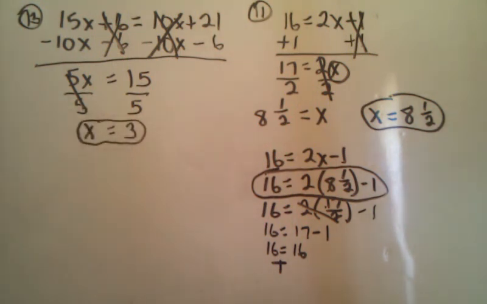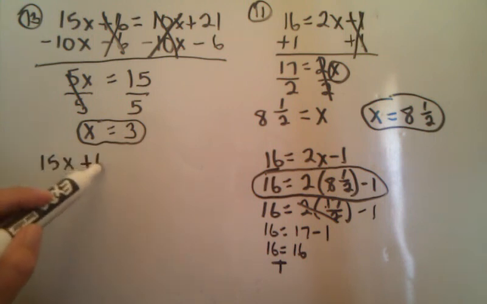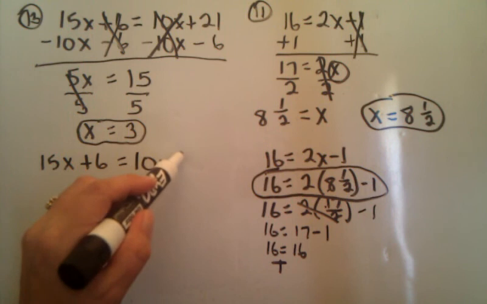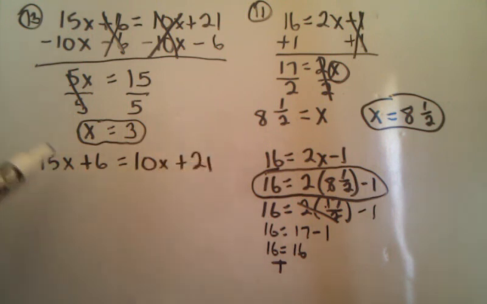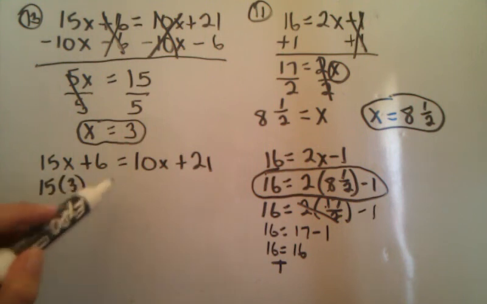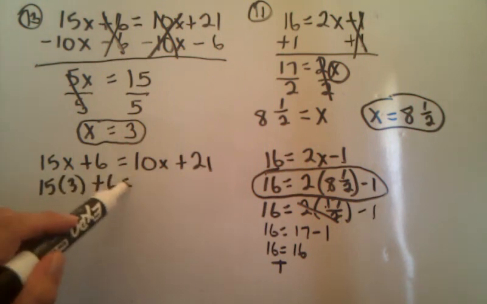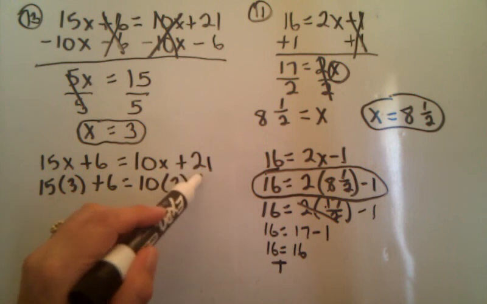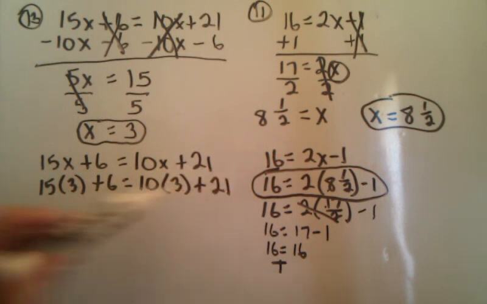Okay? Now I have to check it. So here we go. We have 15x plus 6 equals 10x plus 21. So 15, instead of x, I'm going to put 3, plus 6 equals 10. Instead of x, I'm going to put 3 plus 21.